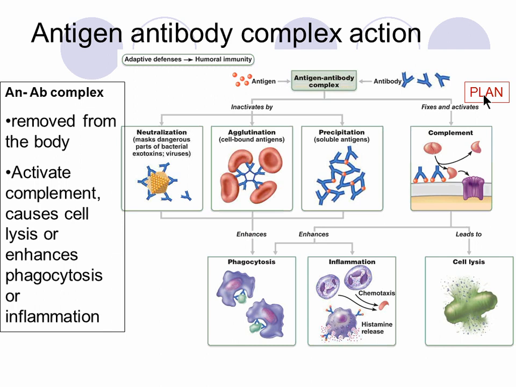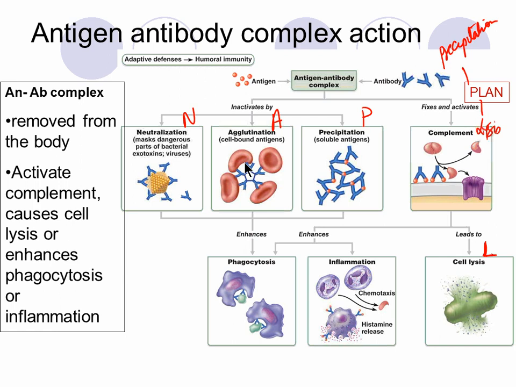So P stands for precipitation. L is lysis. So you can do it this way, P, L, A, and N. So I won't write it. So that's the plan. A stands for agglutination. So they can cause the cells to get stuck to each other, which you saw whenever there was a mismatched transfusion.